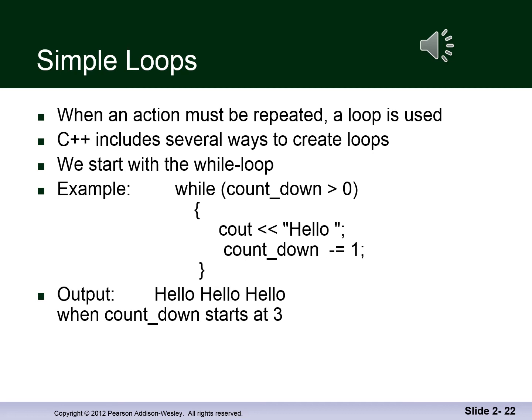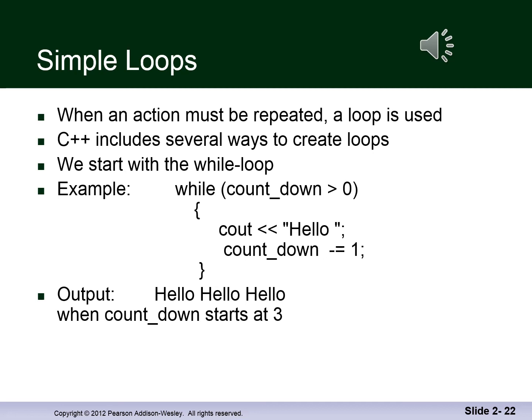So if countdown starts at 10, we go into the loop, we output cout hello, countdown gets decremented to 9. We go back up to the top of the while loop. Is 9 greater than 0? True. Go into the loop again, cout hello.